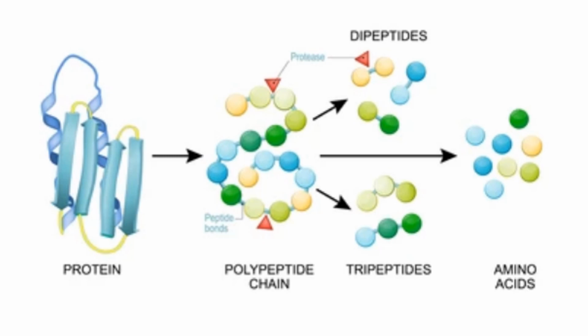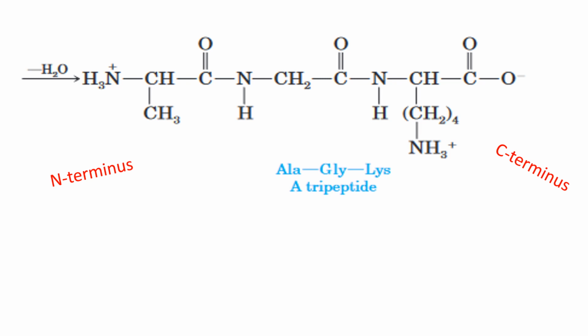It is customary to use either the one-letter or three-letter abbreviation shown in the earlier table, Table 14.1, to represent peptides and proteins. For example, the tripeptide shown on the previous slides, alanylglycyllysine, is represented as AGK.